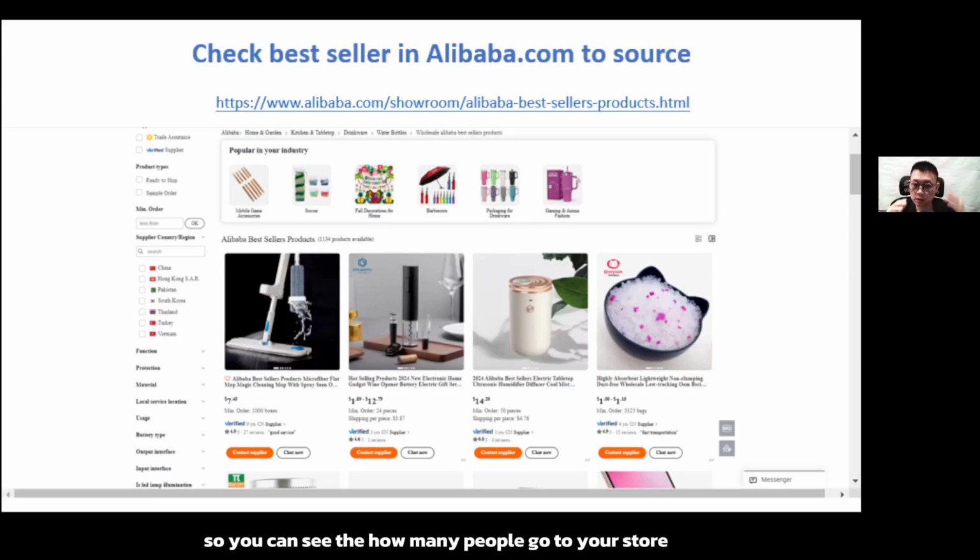So you can see how many people go to your store, how many of them purchase, and why they don't purchase. And you can select different customers to initiate a promotion by the system.